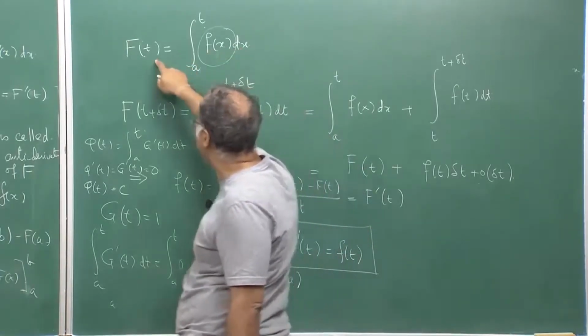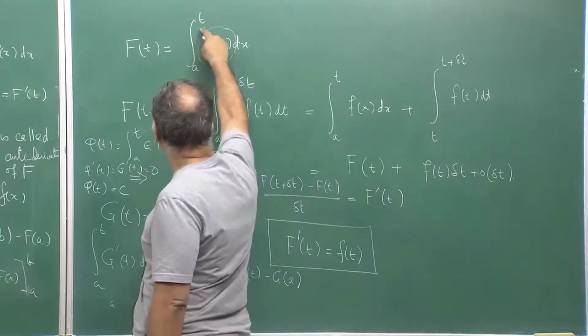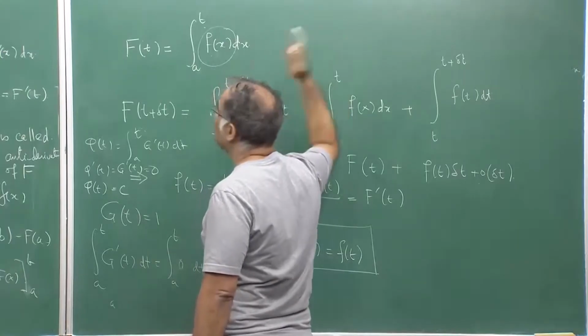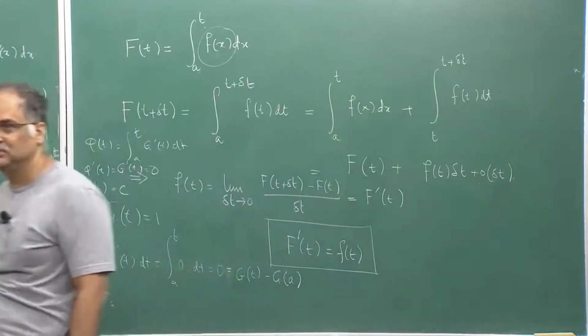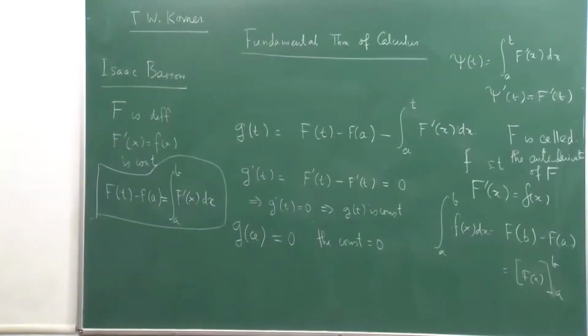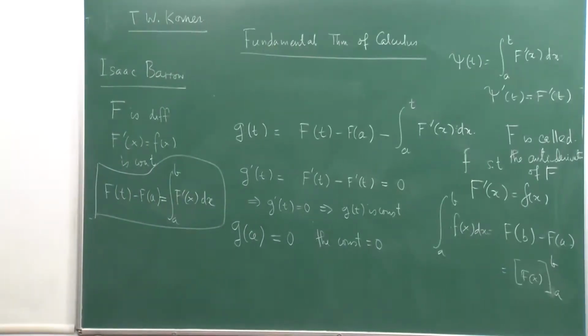So here what we have shown is, why didn't you write this thing as this integral? If you really compute the integral, it should be ft minus fa. But it is only possible if you have f dash t equal to fx. If you can write that as ft minus fa, only then this integral value is actually ft minus fa, and what is f of a here?